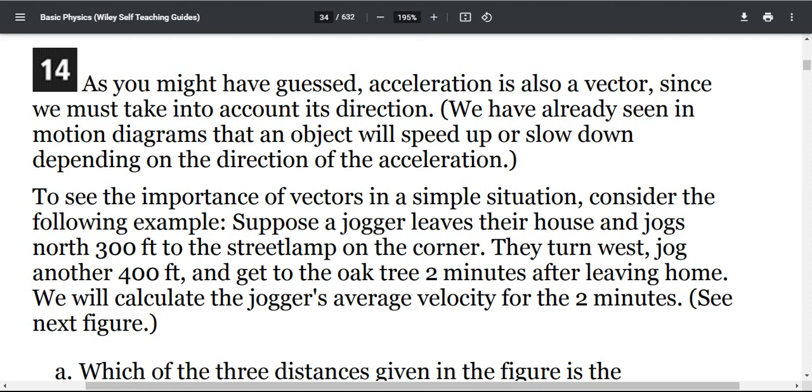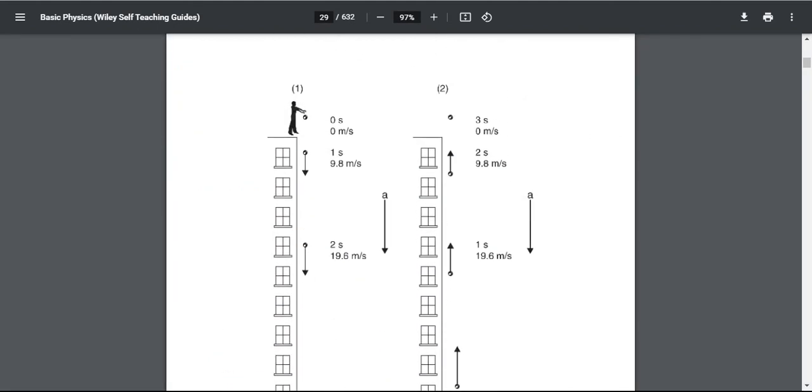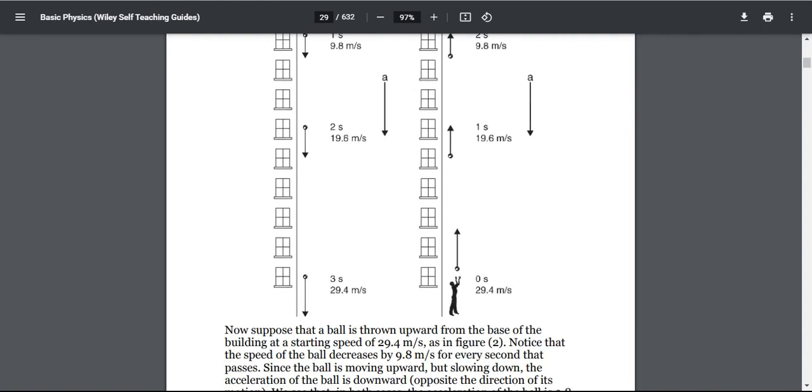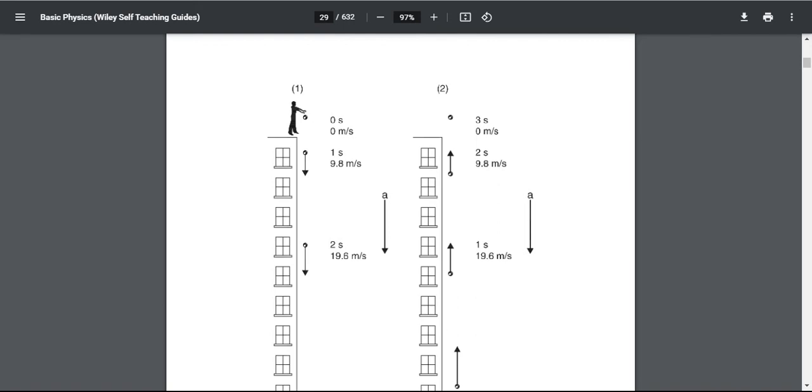As you can see, the boy is throwing his ball toward the floor. So the acceleration is downward, and the effect depends on whether the object is going upward or downward. That's why, as you can see, when the boy is throwing the ball downward, its speed is increasing, but when the boy is throwing his ball upward, its speed is decreasing.